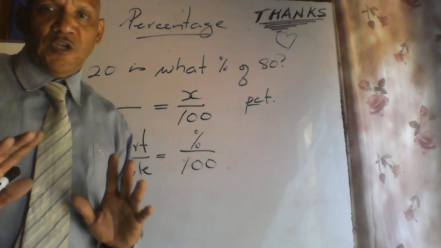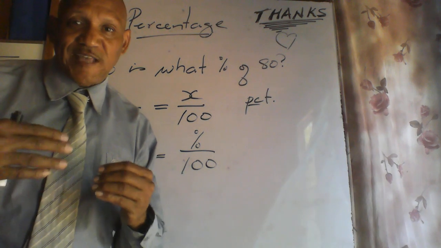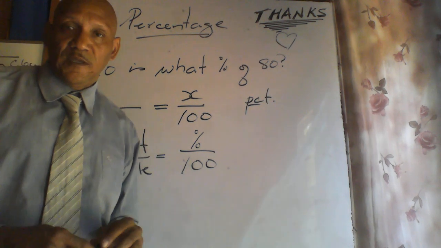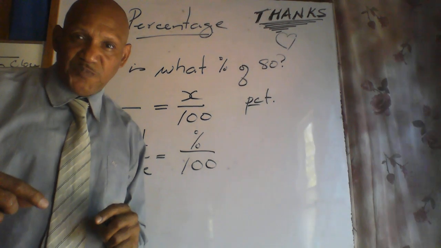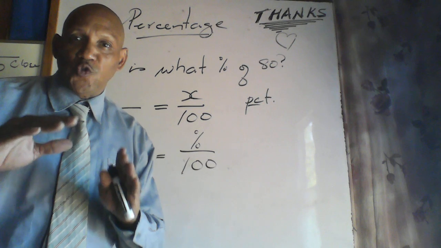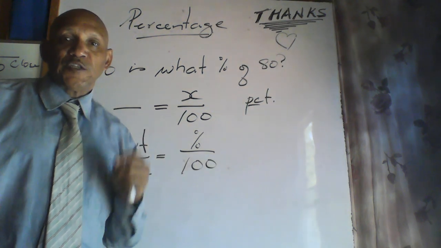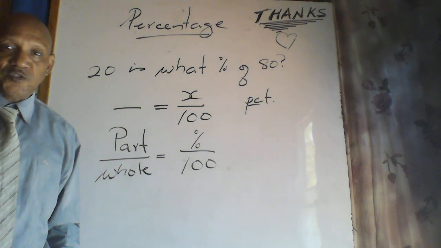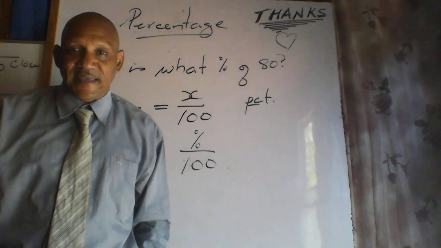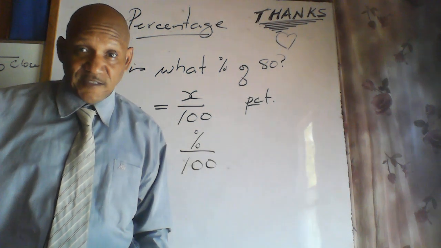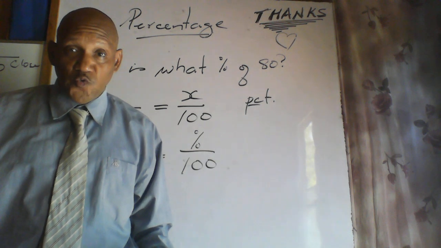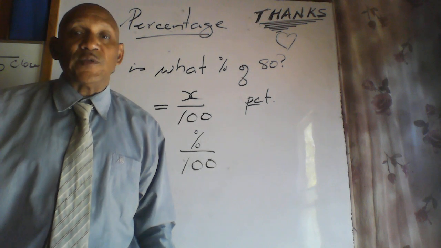I'm not going to worry about trying to solve the problem right now. My main interest as we speak is that I show you the easiest way to set the problem up so that you can always get it correct. When you set it up and you cross cancel or reduce correctly, you'll get your answer right.